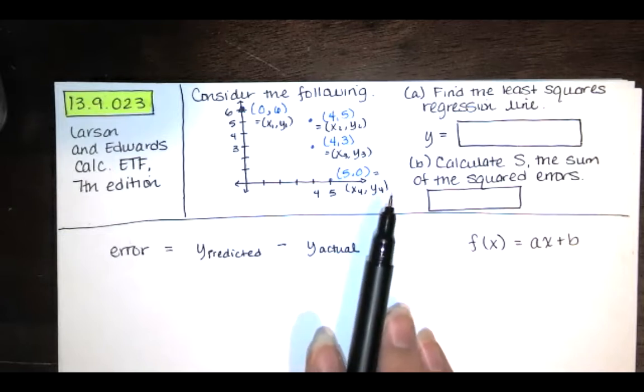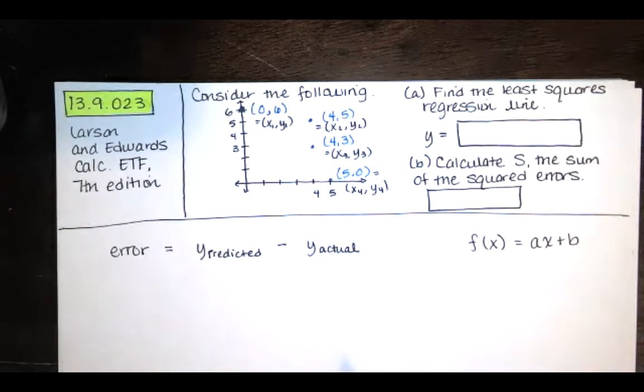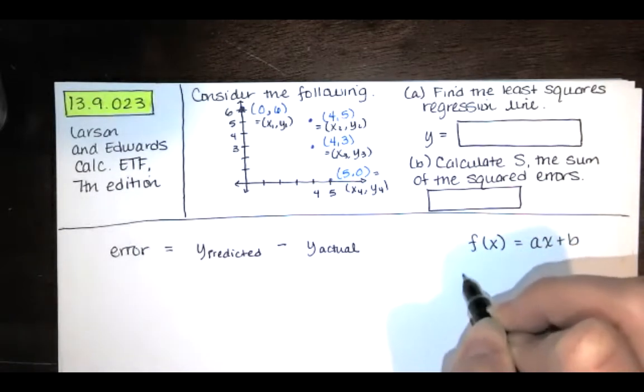Now, we say that this regression line is the least squares regression line if a and b are chosen to minimize the sum of the squared errors. So let's write that down.